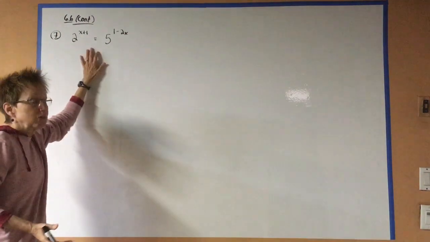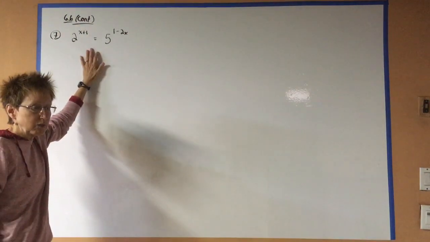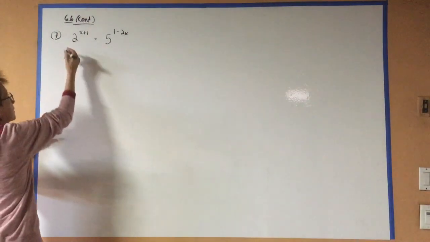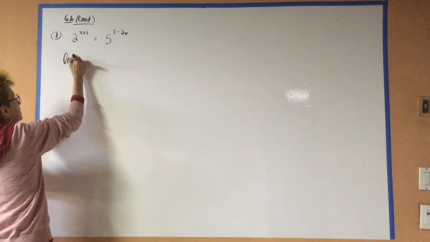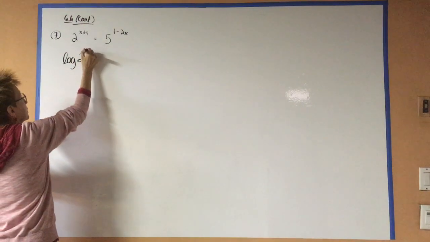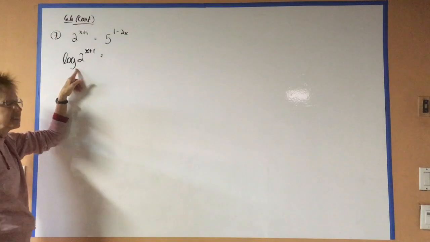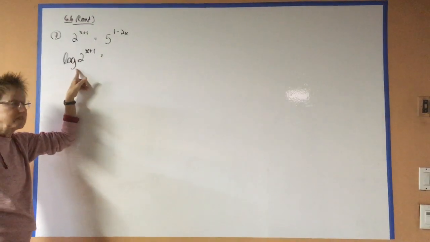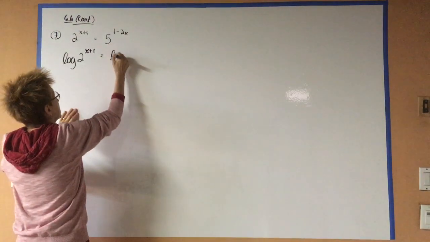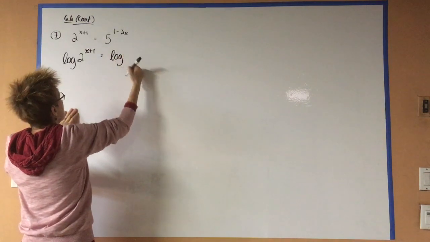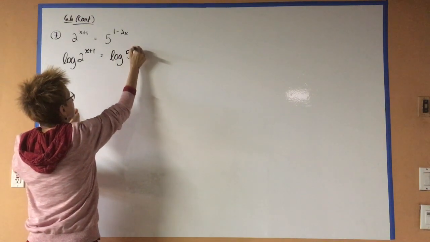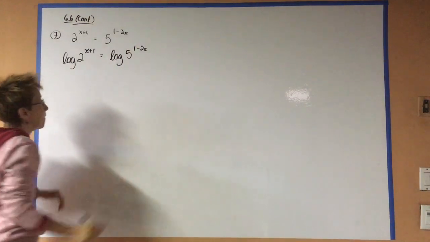But for this, I'm just going to do log base 10 and use that key in my calculator. So I'm going to take log of 2 to the x plus 1, and notice I'm not putting a base in because I'm saying it's base 10, and I'm going to put a log over here, also base 10, of 5 to the 1 minus 2x.